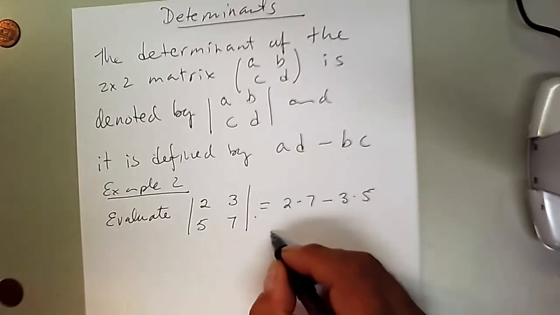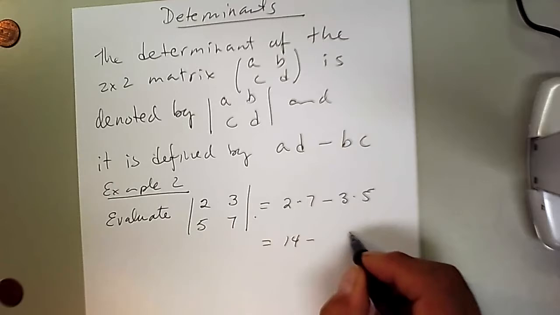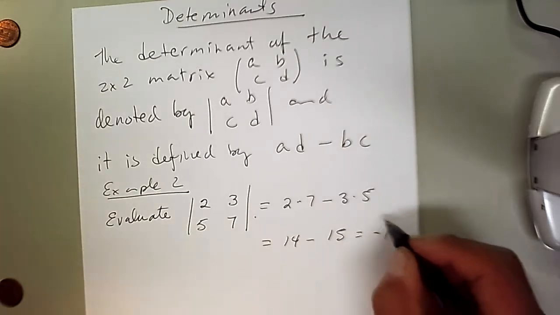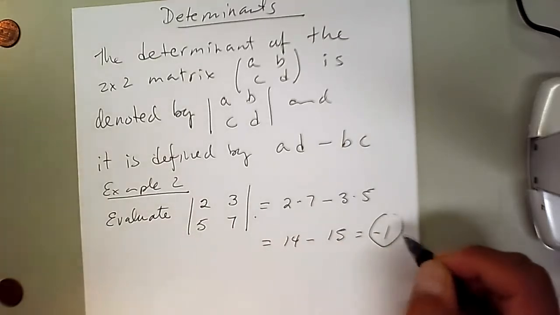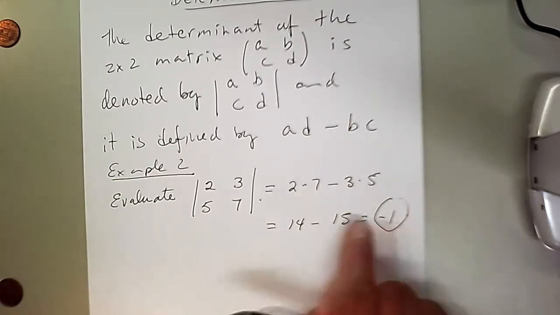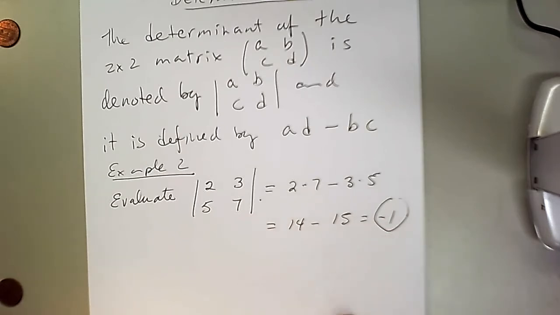And that would be equal to 14 minus 15, which is -1. So that is the determinant. Yeah, the determinant is -1. This is the way we denote where it came from, but it is -1.